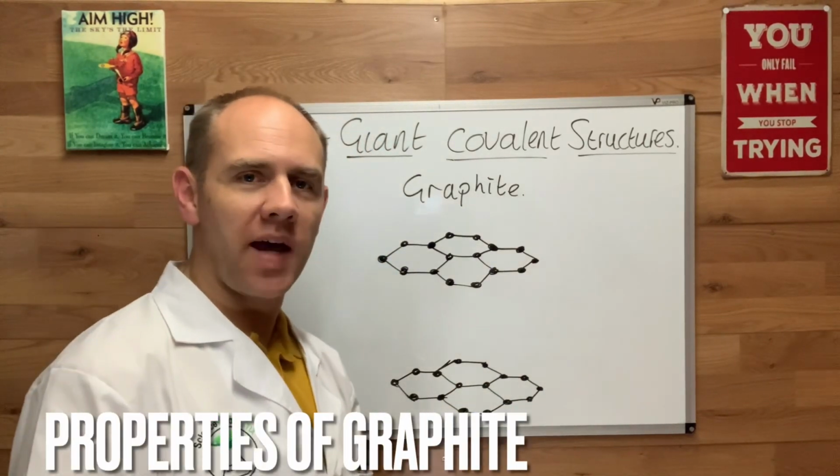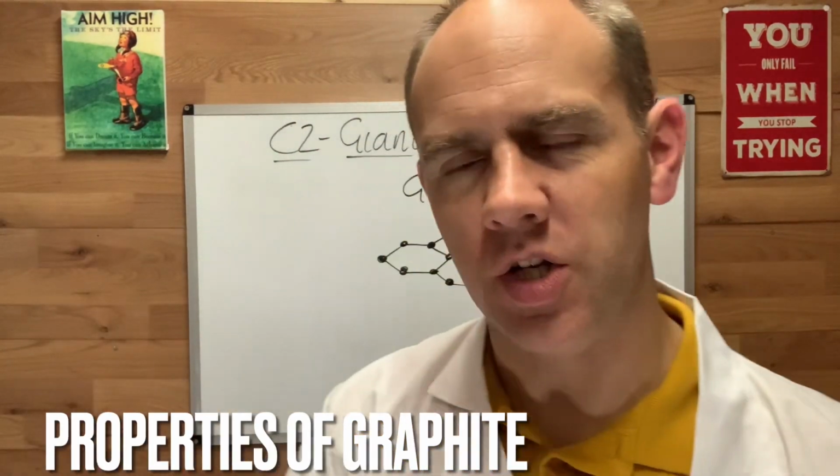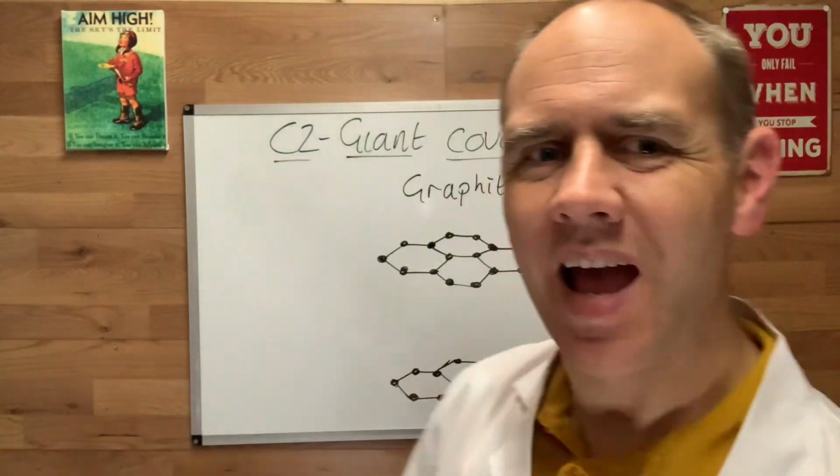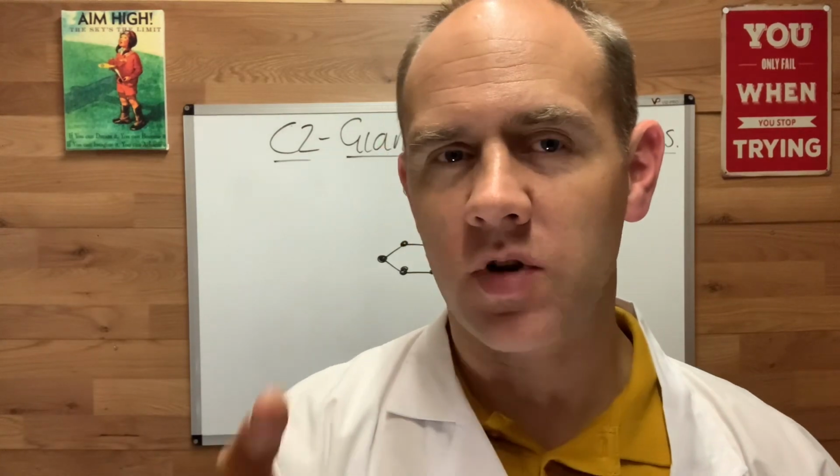So now we've got two layers. It is important for you to state and show that graphite has two layers. They can slide over one another, which is what makes it ideal as a lubricant. It also doesn't happen to be as hard as diamond, but it will conduct electricity and it will conduct heat. And the reason for this, it has delocalized electrons.